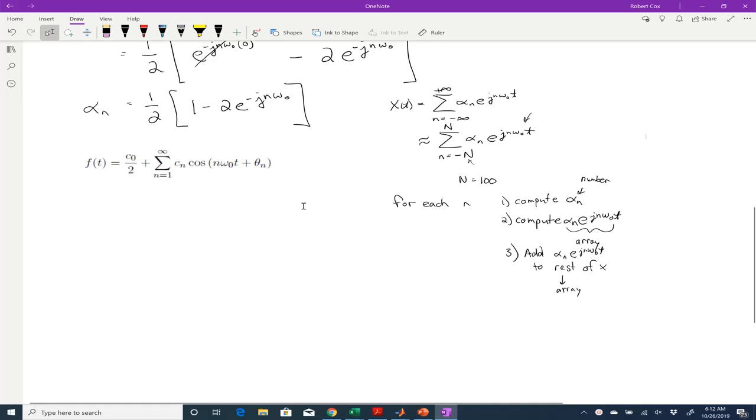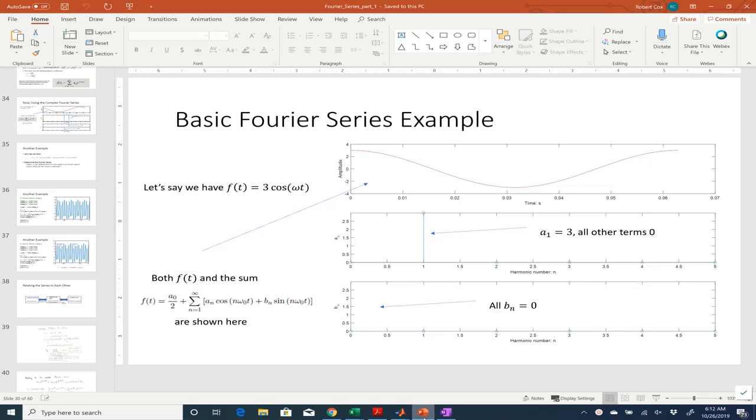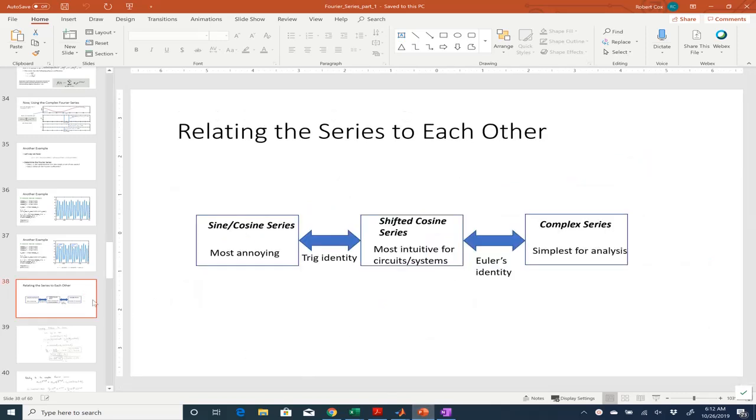All right. So if that's the case, what I've said previously is I can relate the series to each other. We said there's multiple versions of the Fourier series. I've always said the shifted cosine is the most intuitive for analysis with circuits and systems.